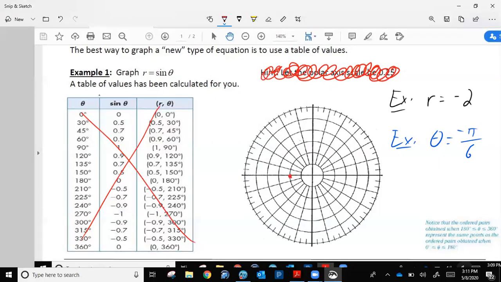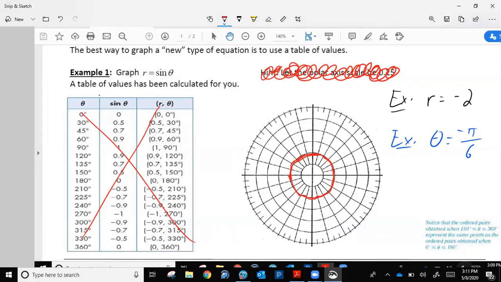The fact that it's negative might become important in calculus when you talk about specific directions happening. But as a picture for us, just realize r equals -2 makes a circle going around the second ring of our polar coordinate system here. So in red, I have r equals -2.